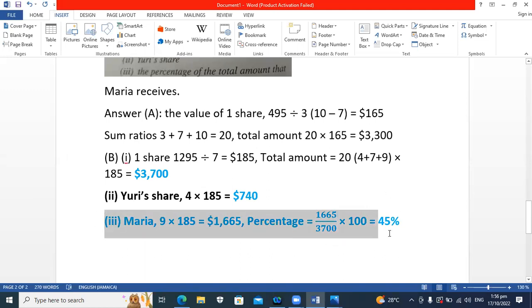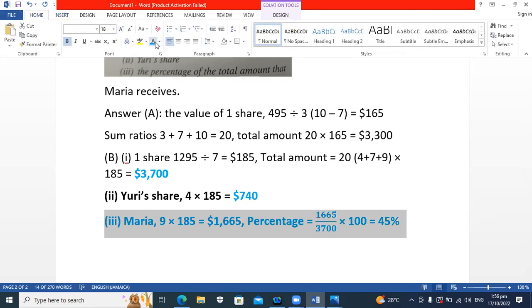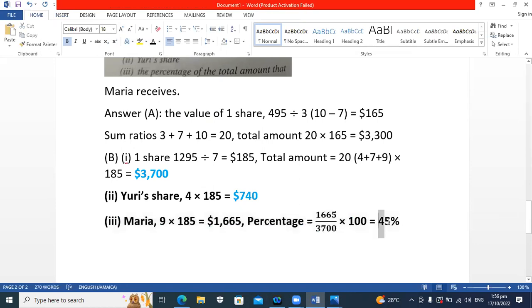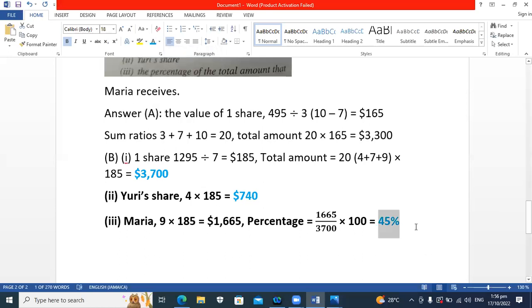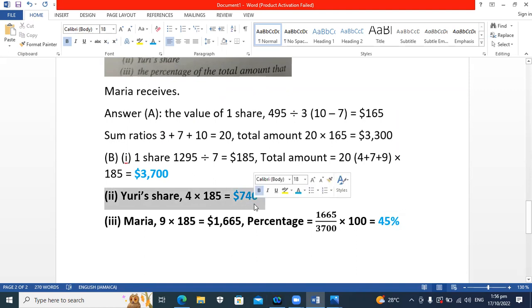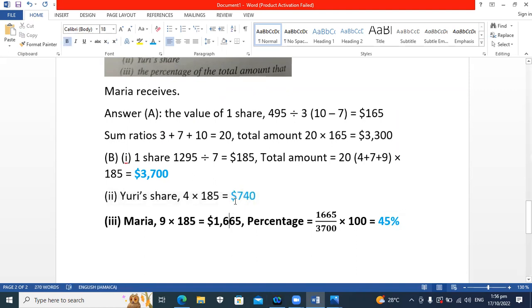Any questions? No. Sir, my answer was off because instead of doing multiplication, I did division. Where did you divide? Where you share, instead of doing 4 times 185, I did 4 divided by 3,700.